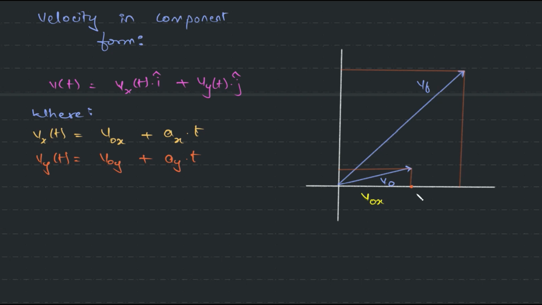The extra bit is because of the acceleration along the x-axis. And here this is your v naught y. And this extra velocity it's getting because of acceleration along the y-axis. And anything else? Yeah, this would represent your acceleration component in general, at.